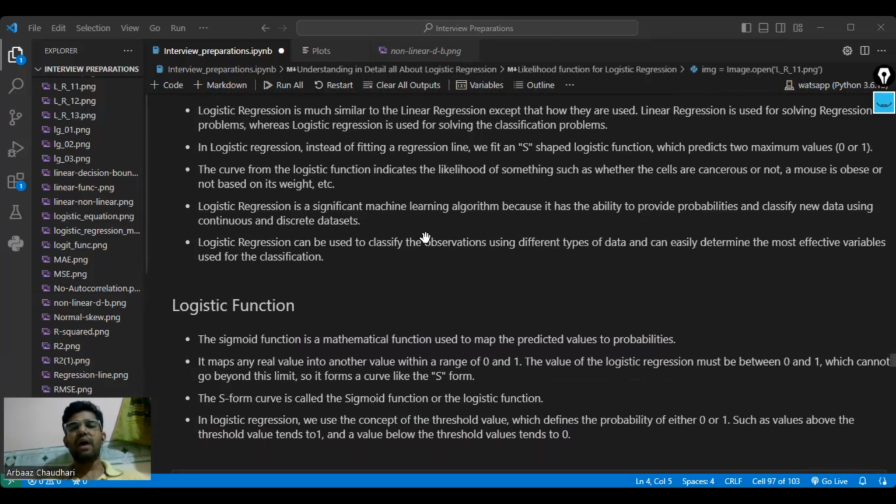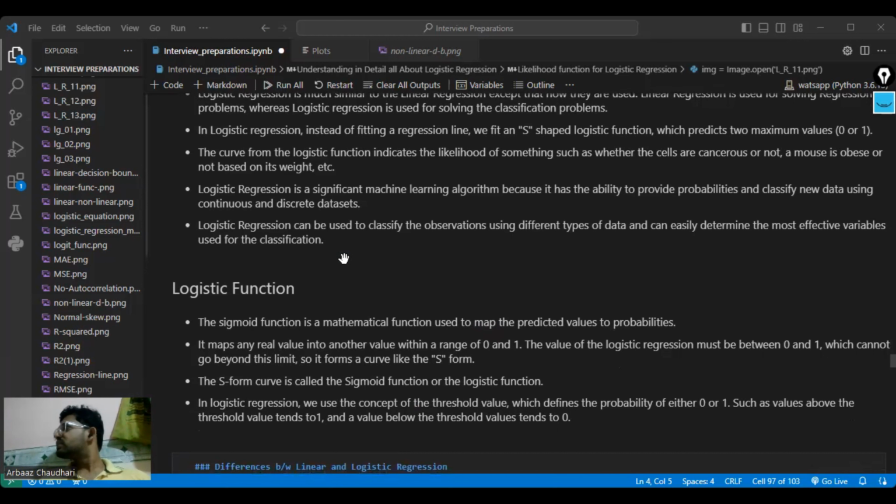But the Y, our dependent variable, would be in a class, 0 or 1 only, not in a continuous form, because we are trying to find out whether the data points are of class 0 or class 1. So the X variable could be continuous or categorical, depending upon the problem statement.